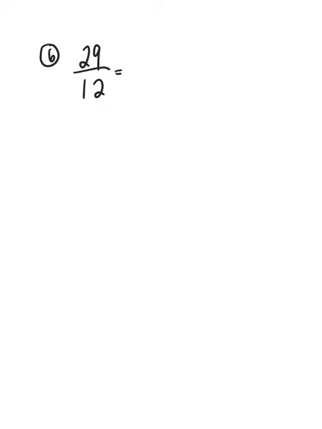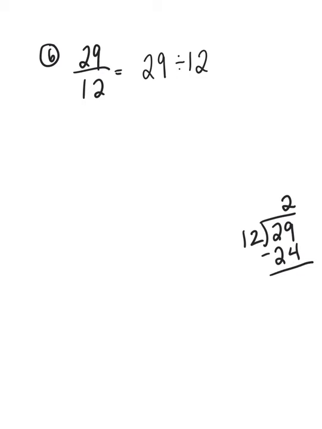We're going to begin by rewriting this fraction as a division problem. 29 divided by 12. We need to work the problem off to the side on our scratch paper. 12 goes into 29 2 times. 2 times 12 is 24.